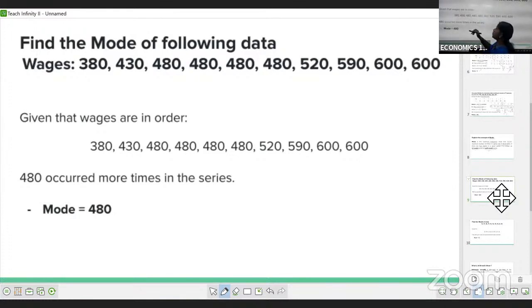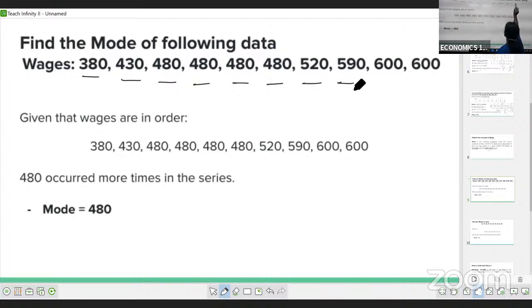They gave the data 380, 430, 480, 480, 480, 480, 520, 590, 600, 600. In the given data, you can check that one number is repeating more times. What is that number? You can see that it is 480.